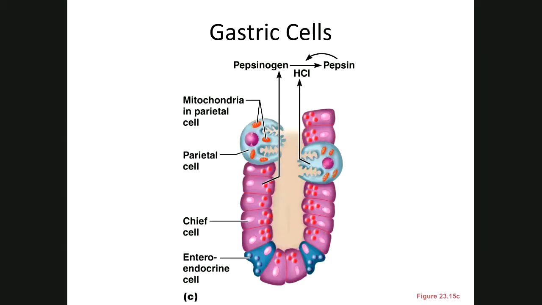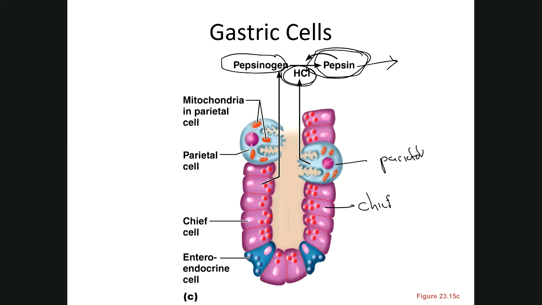There's our parietal cells. Again, those are the ones that make the acid. And here's the acid they make. There's our chief cells. Those are the ones that make the enzyme, pepsinogen, and then the acid cleaves it, or cuts a piece off, and it becomes pepsin. And pepsin, again, digests proteins.